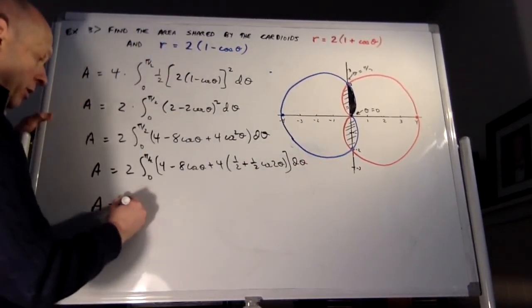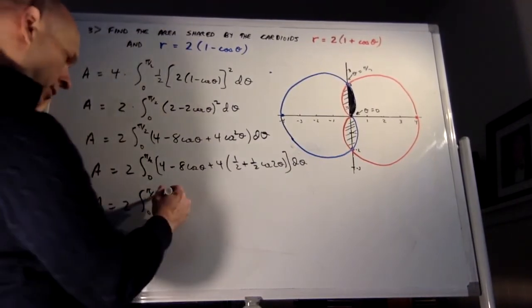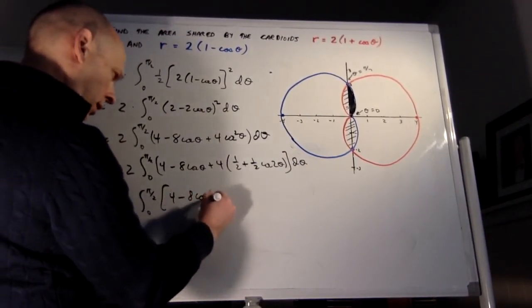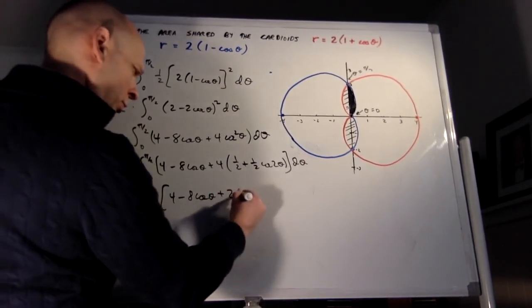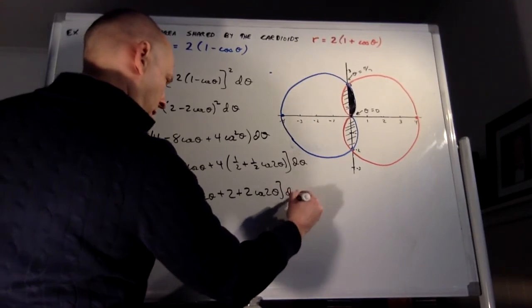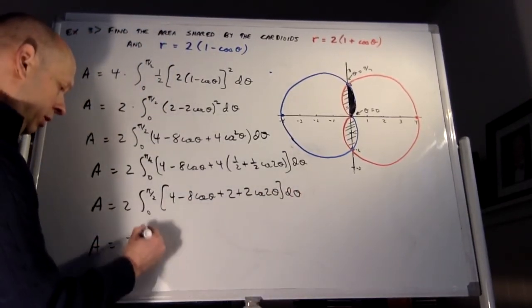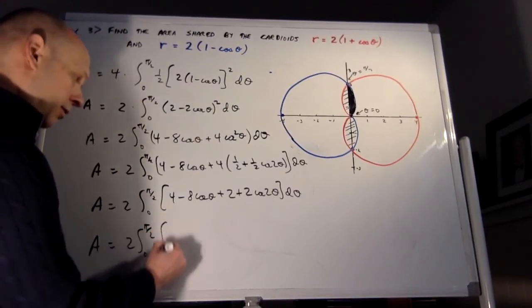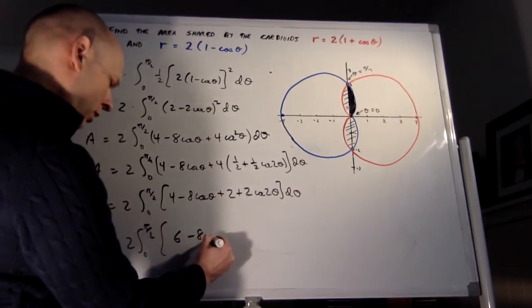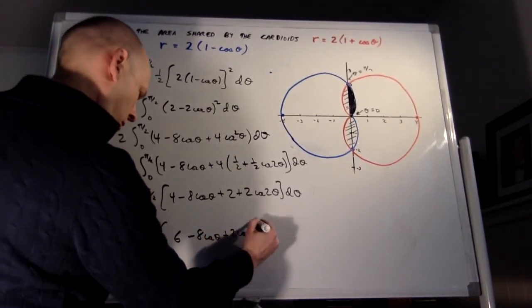So that area is 2 times the integral from 0 to pi over 2 of 4 minus 8 cosine theta plus 2 cosine 2 theta d theta. So it's 2 times the integral from 0 to pi over 2 of 4 plus 2, which is 6, so 6 minus 8 cosine theta plus 2 cosine 2 theta d theta.